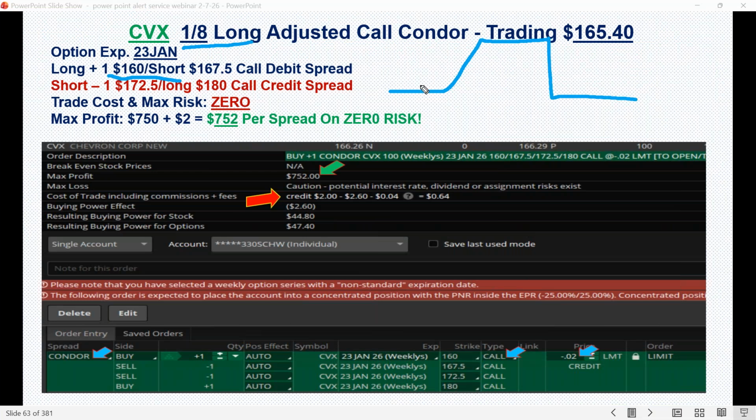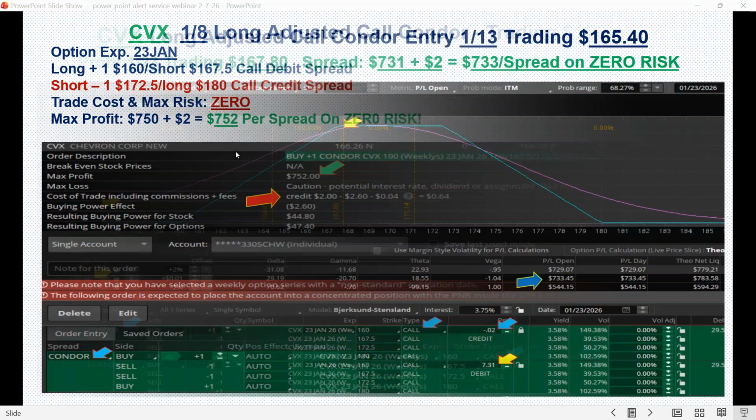And with the profit that we took by rolling the spreads up, we were able to do this with zero risk. Okay, so we got into the trade with a $2 credit. So with this trade, we had a potential, if it goes out between the two spreads, to make $752, that on zero risk. And so that's what we call the long call condor zero risk trade.